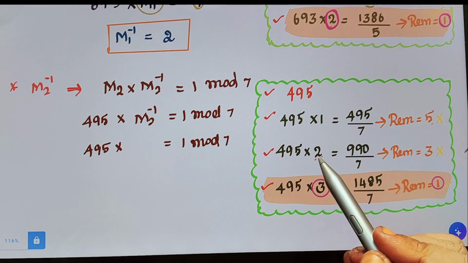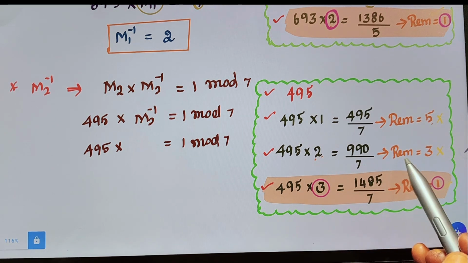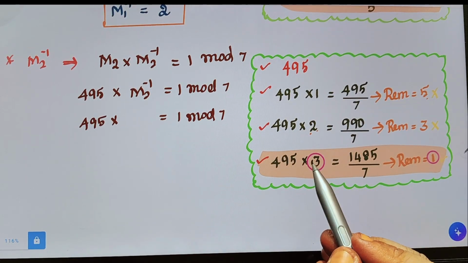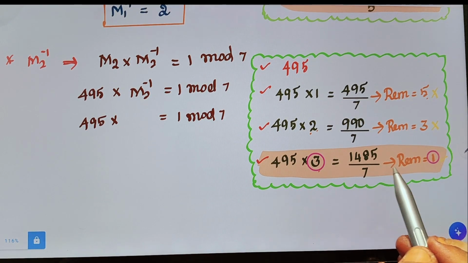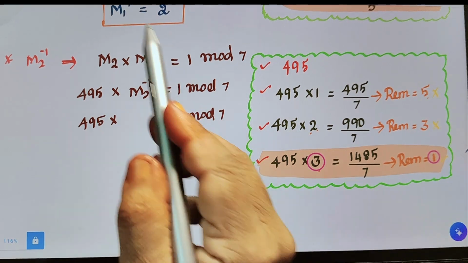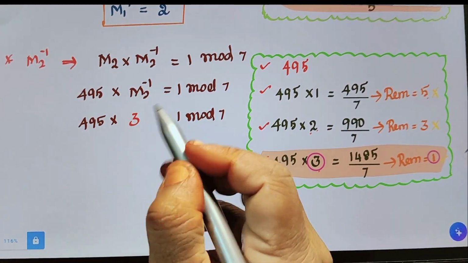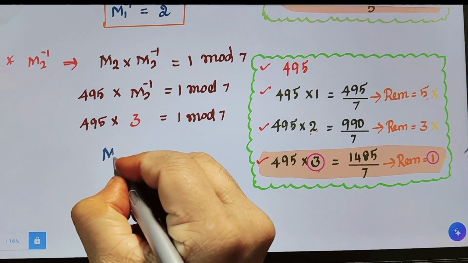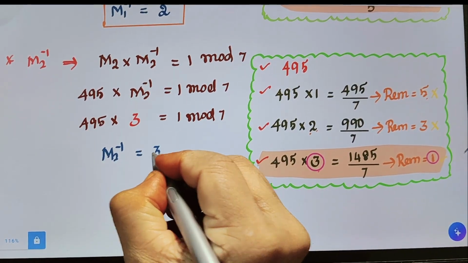So 495 into 2, 990 divided by 7, the remainder value is 3. So this is also wrong. Then we multiply by number 3, and the remainder value is 1. So this is the exact value of M2 inverse. So write the answer: M2 inverse equal to 3.